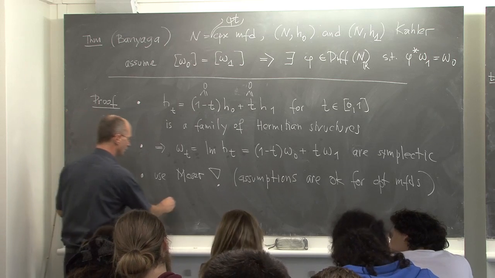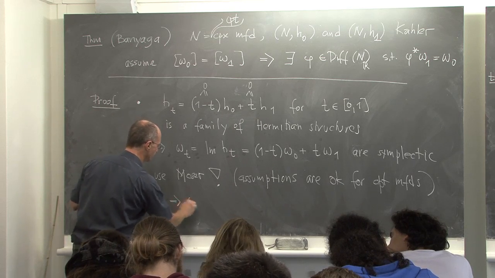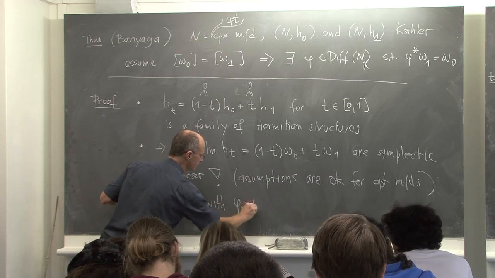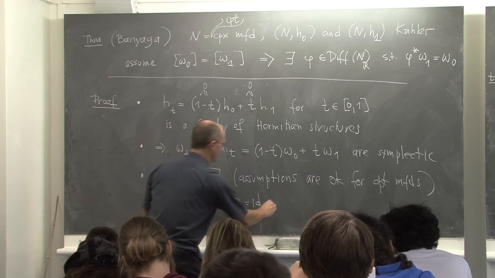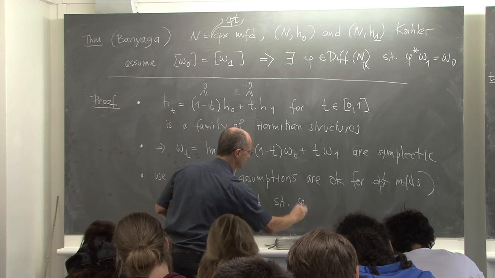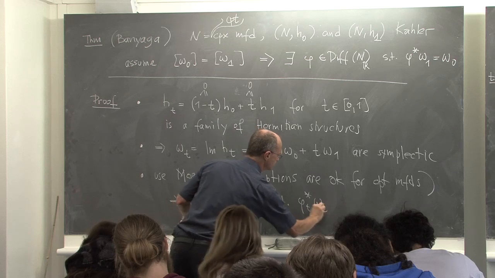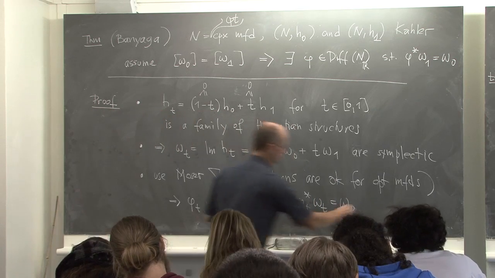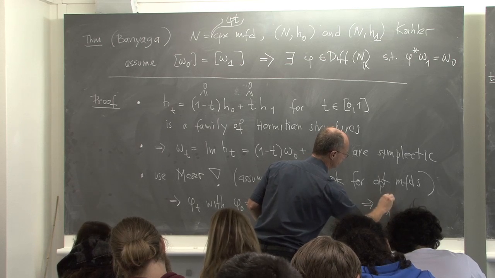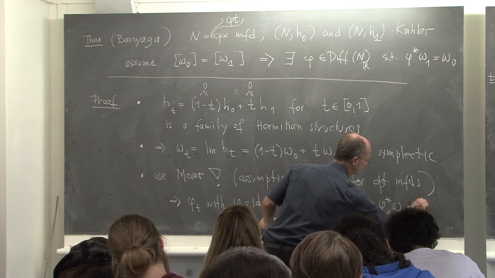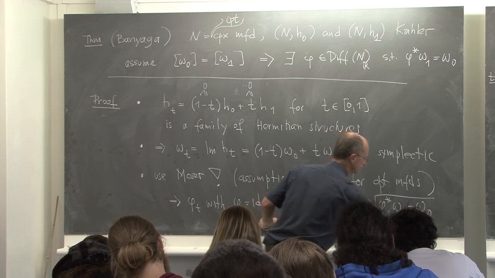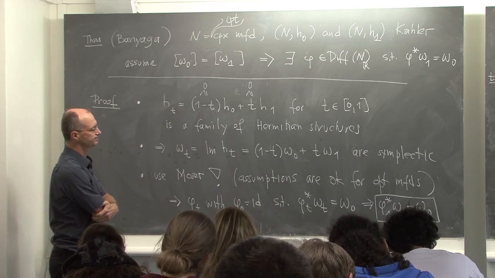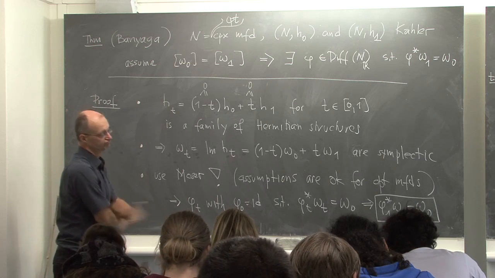So now Moser gives you phi t with phi 0 equal to identity, such that phi t star omega t is omega 0. Then phi 1 star omega 1 is equal to omega 0.